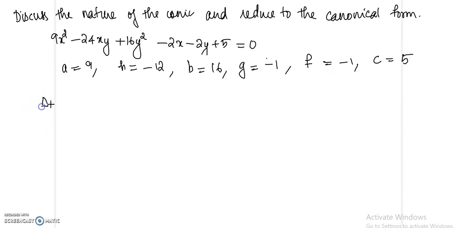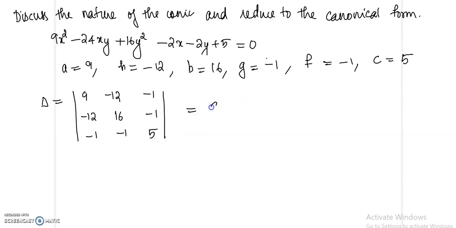So the determinant delta is going to be 9, then you have minus 12 and minus 12 here, then b comes here, then you have g here, so minus 1, so f comes here, minus 1, then 5 here.